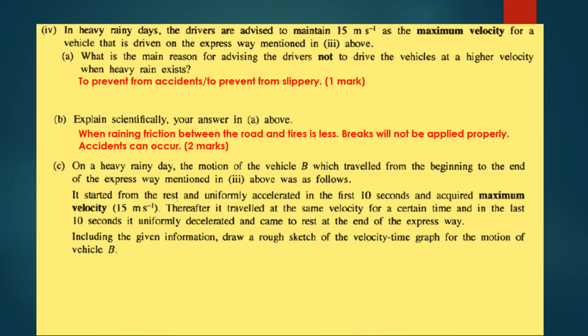Thereafter it travelled at the same velocity for a certain time. That time duration is not given. And in the last 10 seconds it uniformly decelerated and came to rest at the end of the expressway. So you can draw the graph this way. You can earn marks for naming axes 1 mark, for the shape of the graph 1 mark, writing the velocity as 15 meters per second and time as 10 seconds 1 mark.